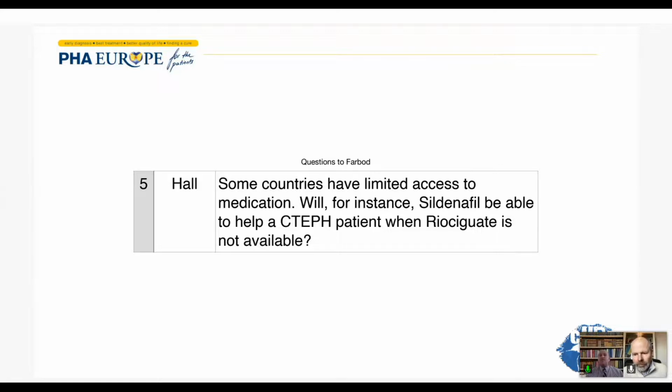So part of what led to riociguat being investigated and approved in CTEPH has basically to do with the fact that it was a choice made by the company to investigate riociguat in CTEPH.